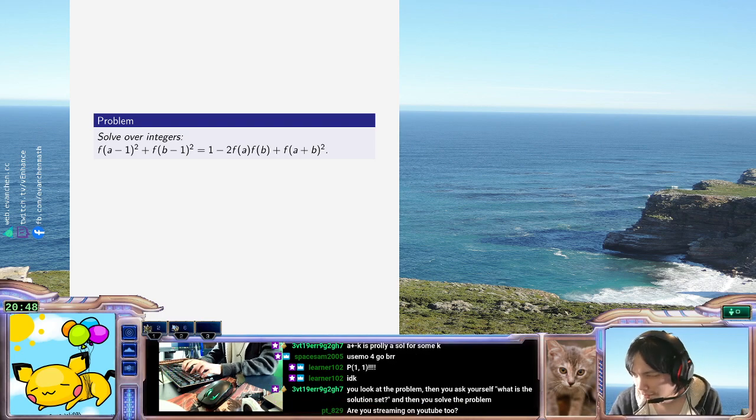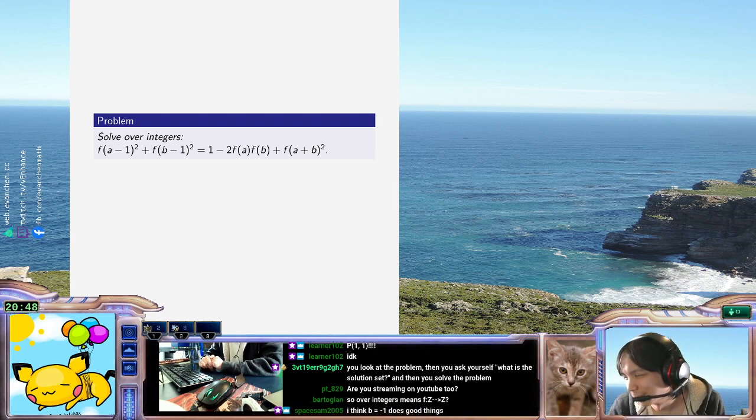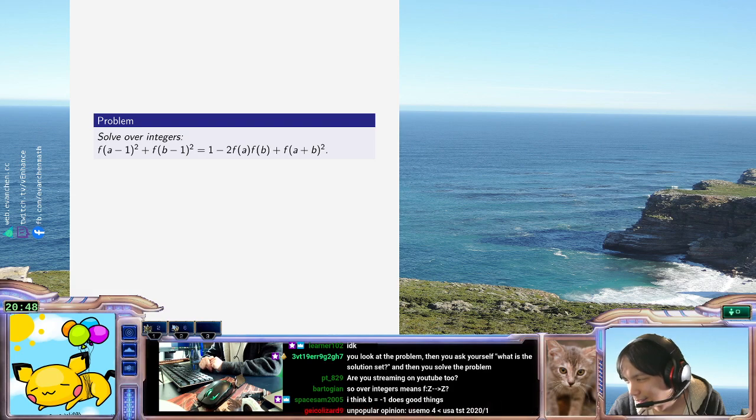You wanna start with 1-1? I can't even tell what the solution set is, to be honest. I mean, do constants work? Not really.